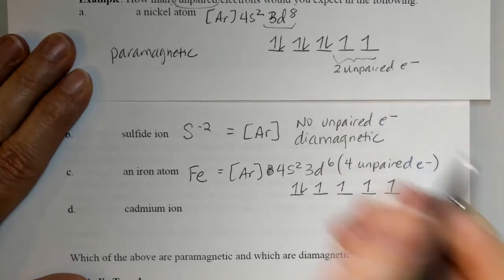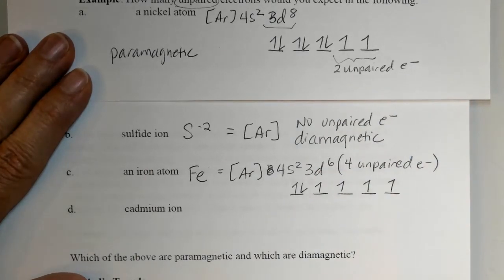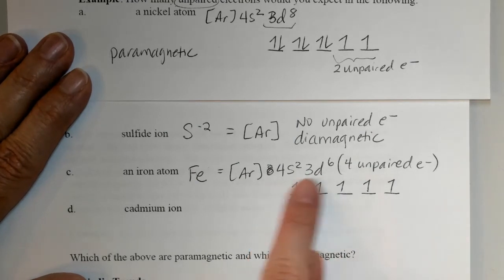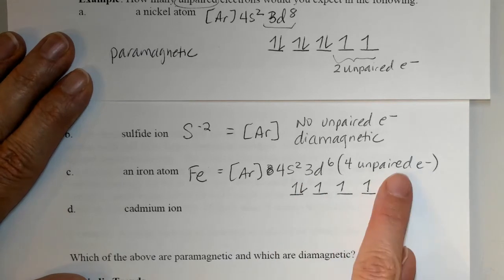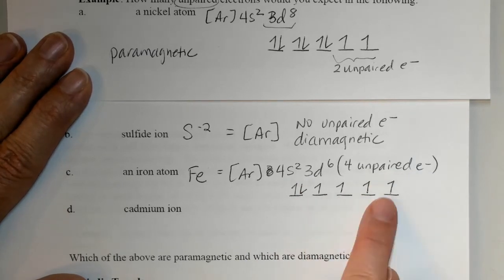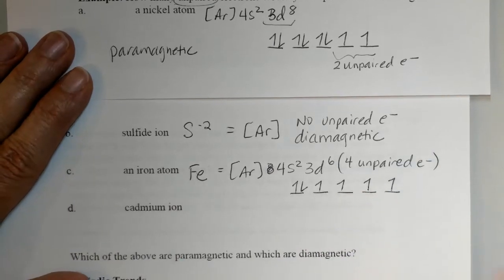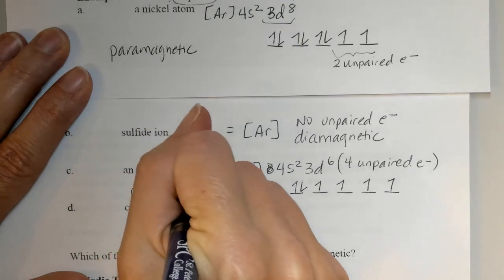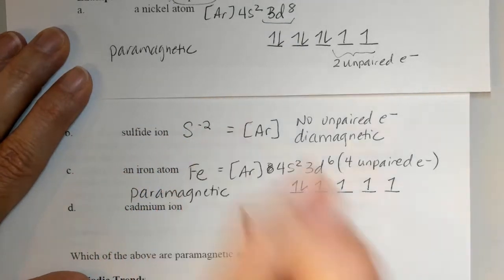All right, and again, unpaired is not the same as valence, right? The valence electrons here would be the s2 and the d6. All of those are valence. Unpaired, when we're looking there, we're just looking at the orbital diagram and how many electrons don't have a pair, right? So that's unpaired. So again here, this would be paramagnetic, like we saw with the nickel.